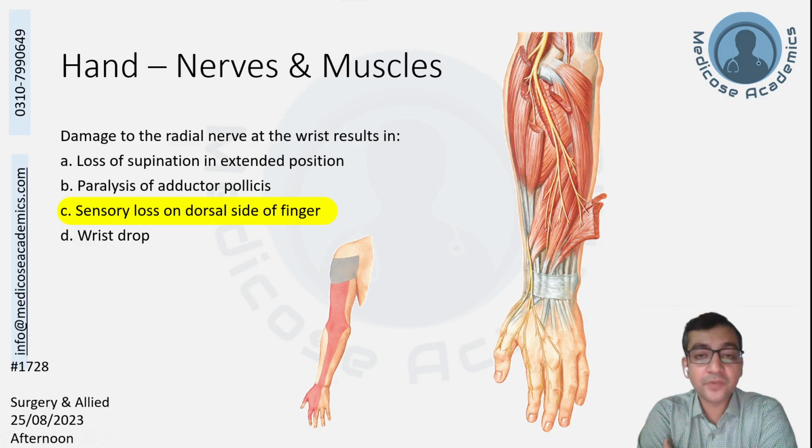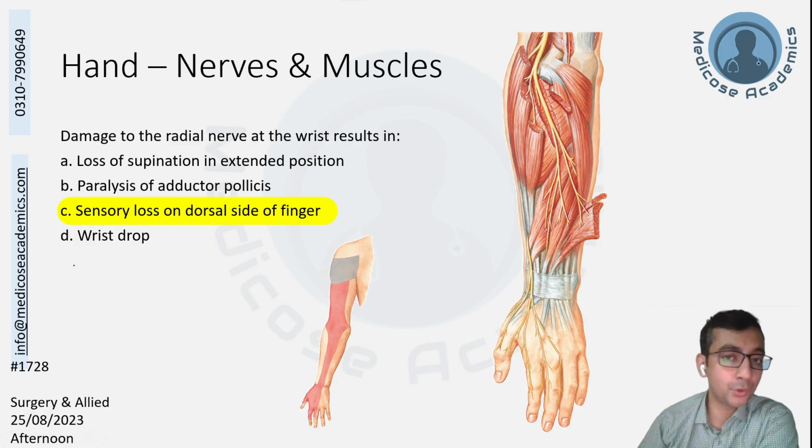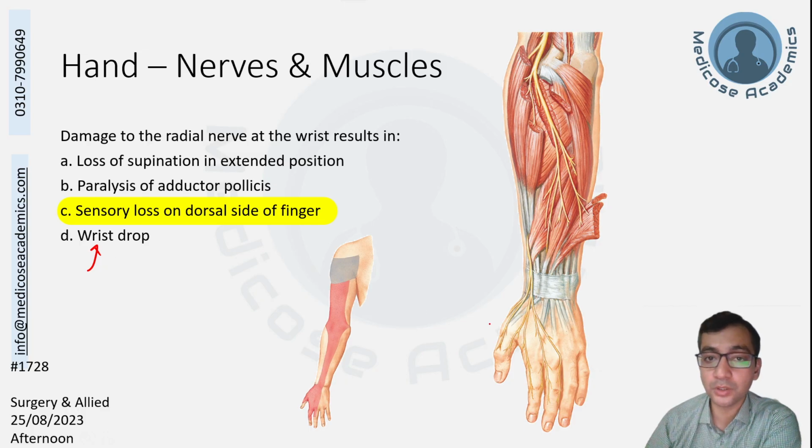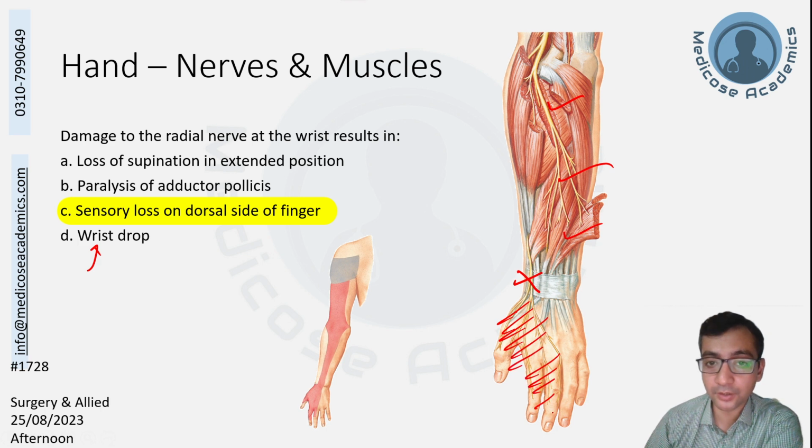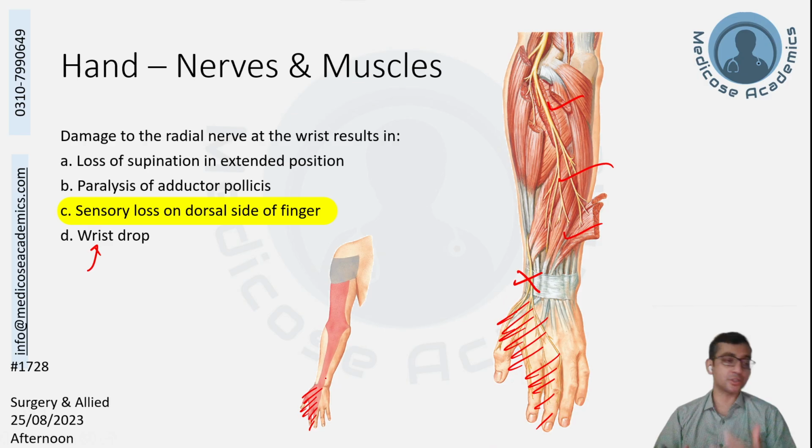Here, it is very lucrative to pick wrist drop as an answer, but that is not the correct answer. Why? Because the radial nerve has been damaged here, all of it before is okay. So only loss will be beyond the point of injury, and that is the innervation of the dorsum of the hand and index and middle finger.